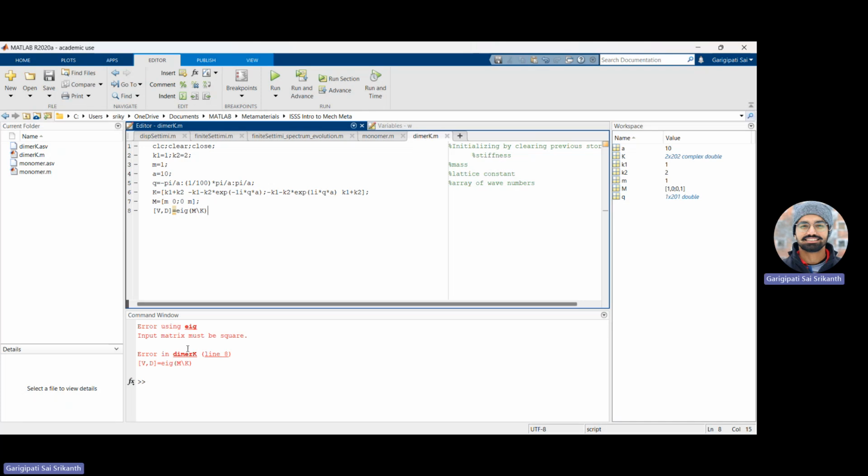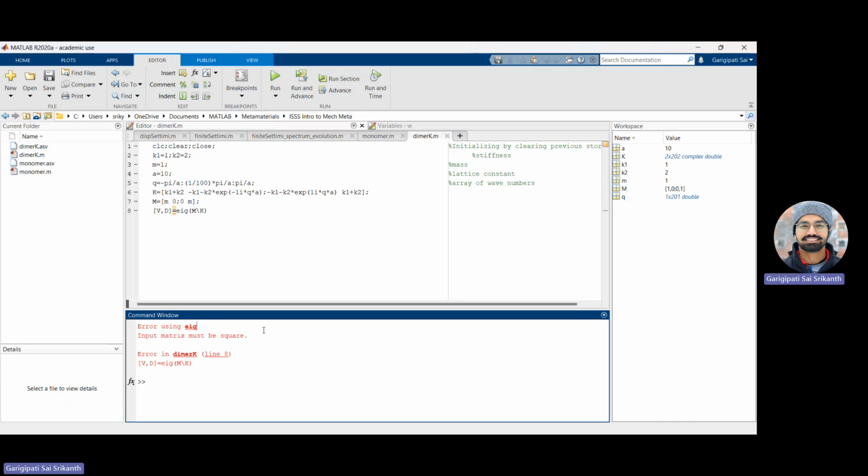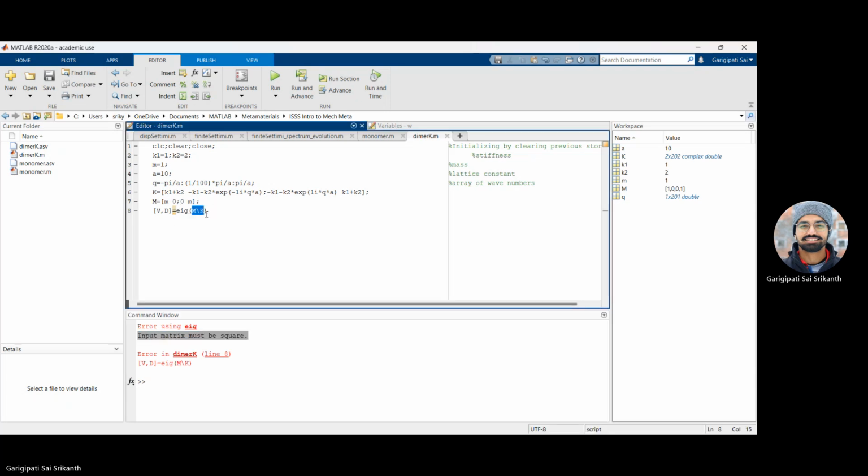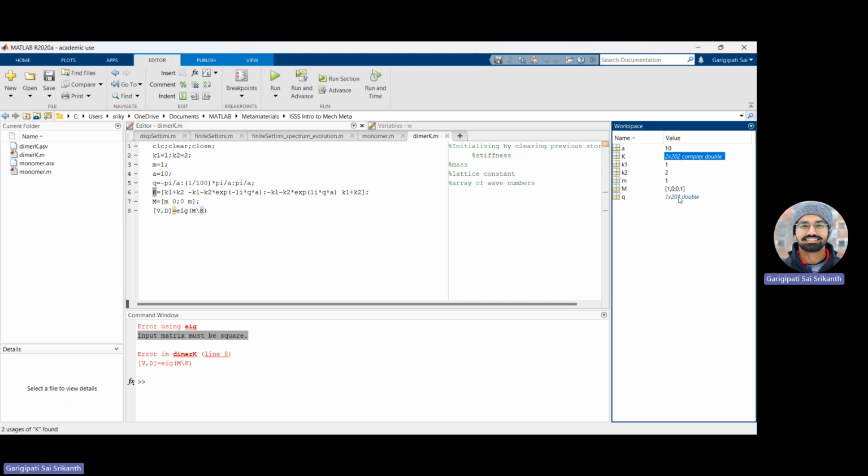Yeah. Input matrix must be square. Why is that happening? Because K, if you see, it's 2 cross 202 complex double. What? How did we get into this?